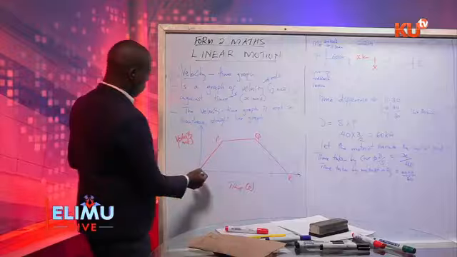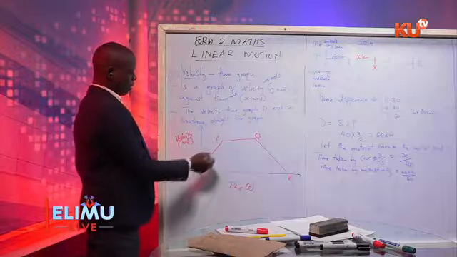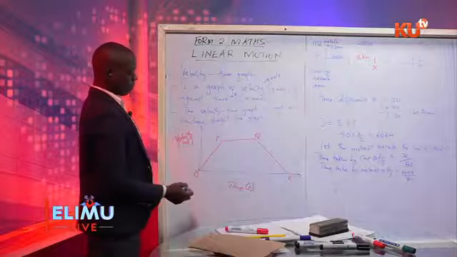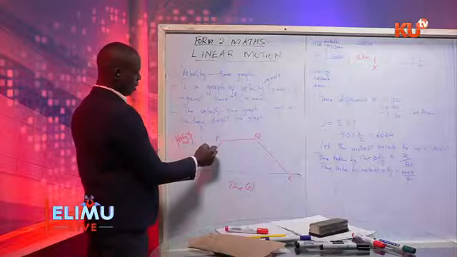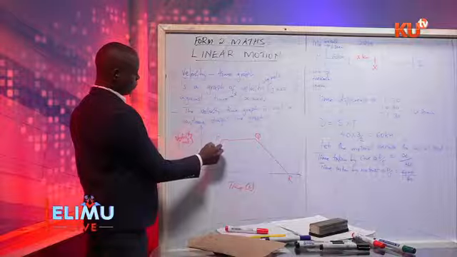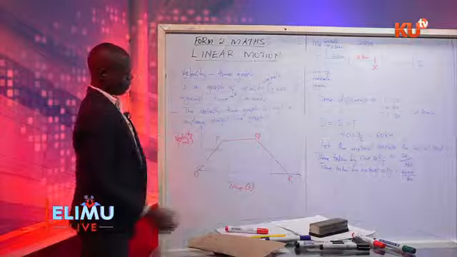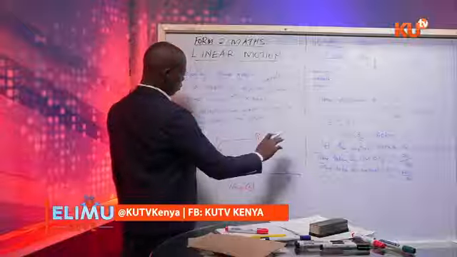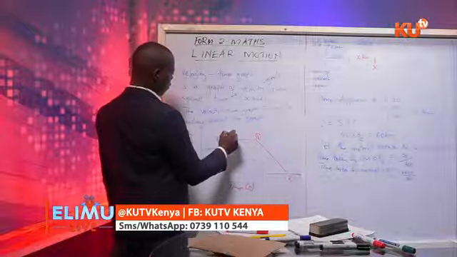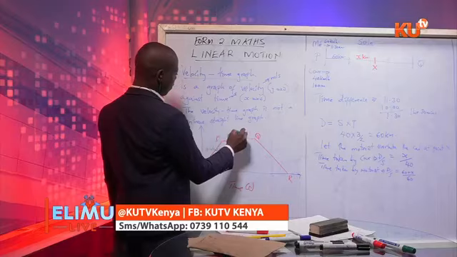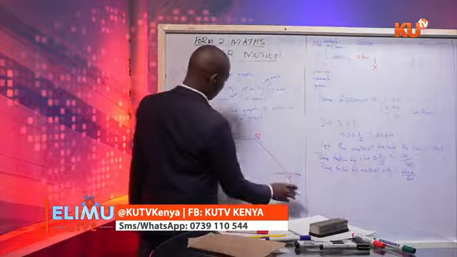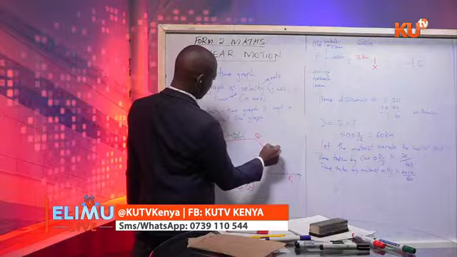Talking about OP, the object or the particle is rising, so it's moving at an acceleration. At this point PQ, when this is horizontal, this is where we talk of constant velocity. And lastly, at the point QR, we talk of deceleration.